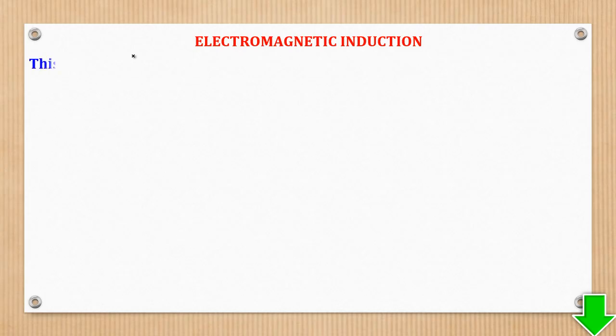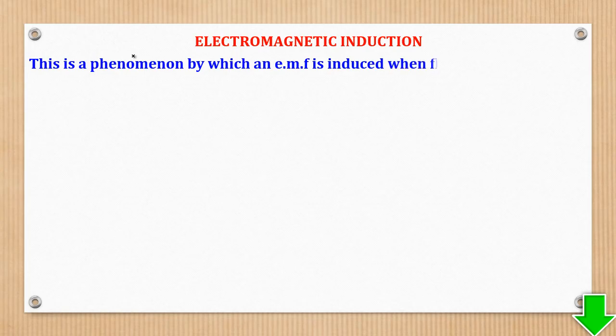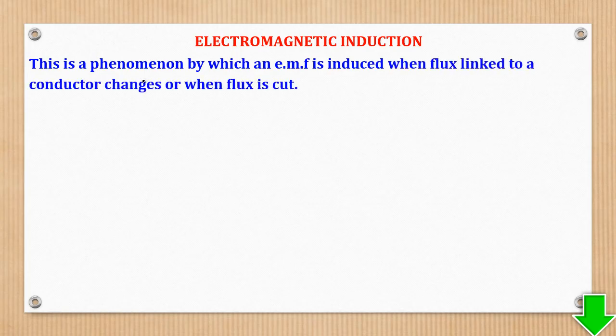So what is electromagnetic induction? This is a phenomenon by which an EMF is induced when flux linked to a conductor changes or when flux is cut. Those are the two words we shall be using.